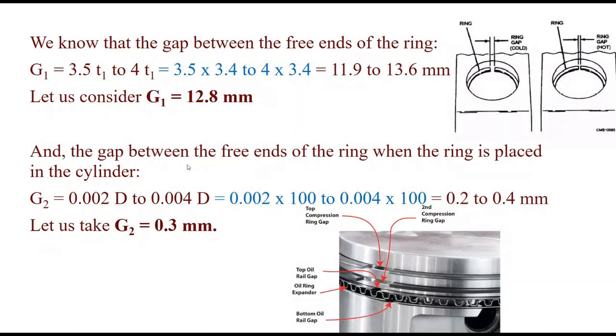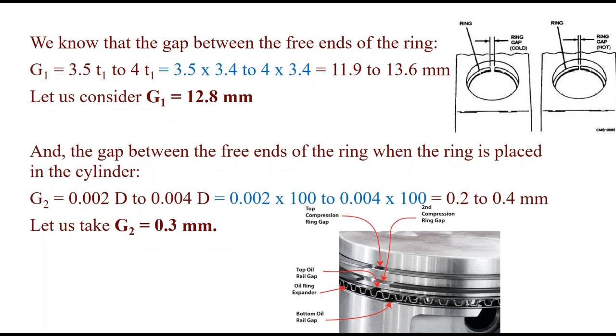Now, the gap between the free ends of the ring when the ring is placed in the cylinder, G2, is given by 0.002D to 0.004D. That means it is a function of bore diameter. It comes out to 0.2 to 0.4. So in between you can take 0.3 millimeter.